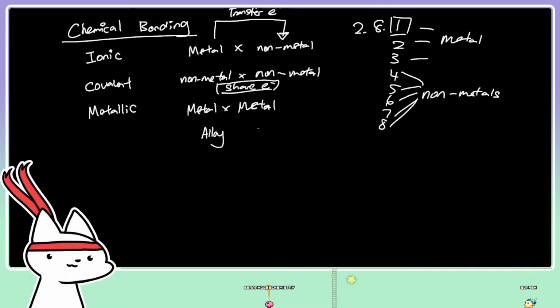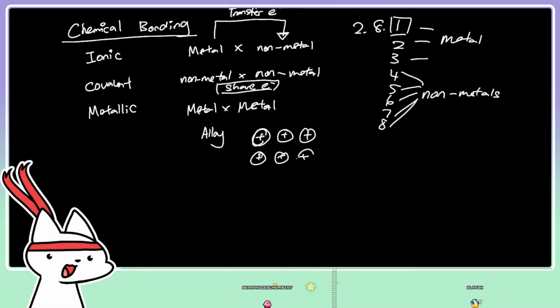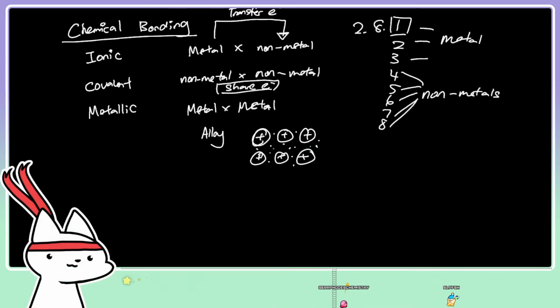Okay, so an alloy will be positively charged ions with a sea of electrons, which is a bunch of electrons. And electrons will help conduct electricity.